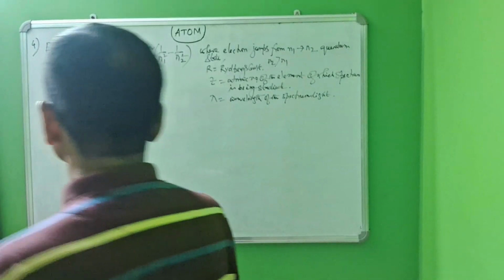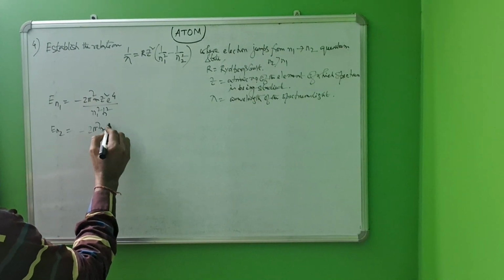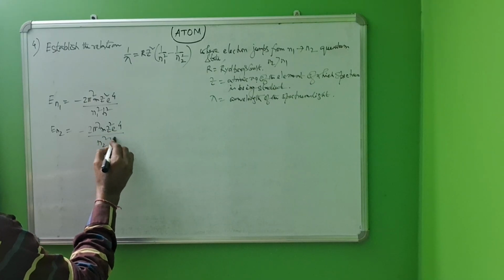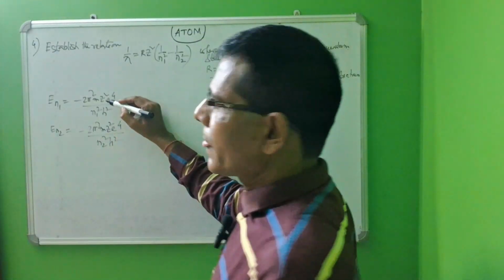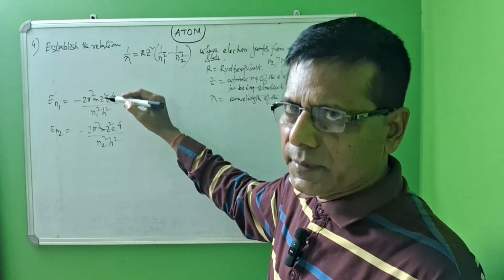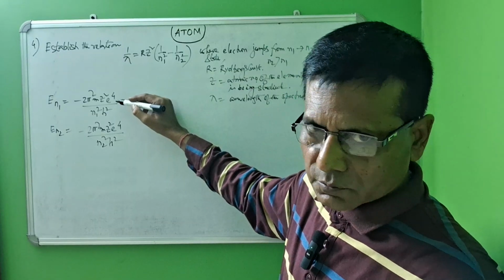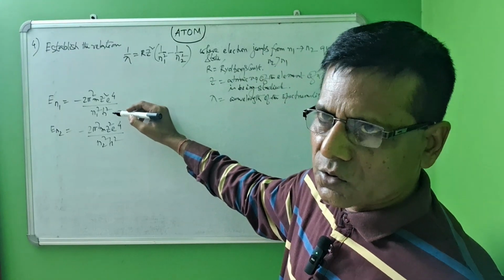This is minus 2 pi square m z square e to the 4 upon n2 square h square, where m is the mass of the electron, z is the atomic number of the element, e is the electronic charge, h is the Planck's constant.